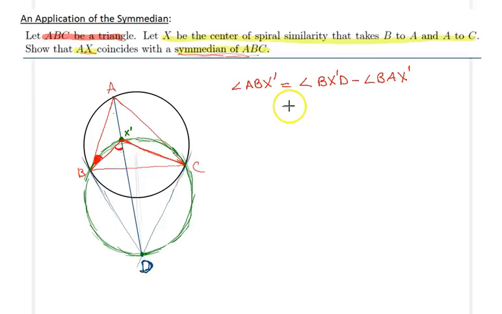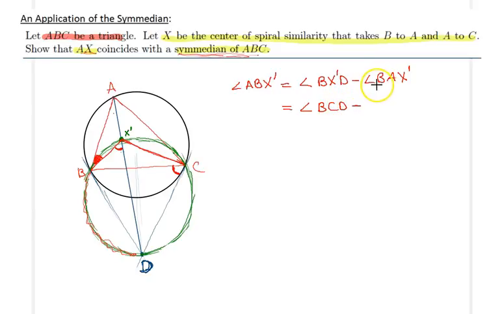Angle BX prime D is simply equal to angle BCD. Why is that? Because BX prime D subtends the arc BD on the green circle, and that arc is also subtended by angle BCD. So BX prime D can be replaced with BCD.